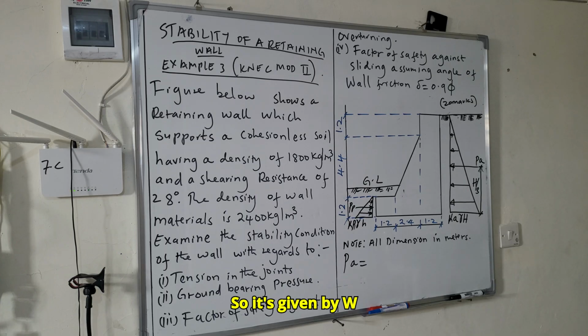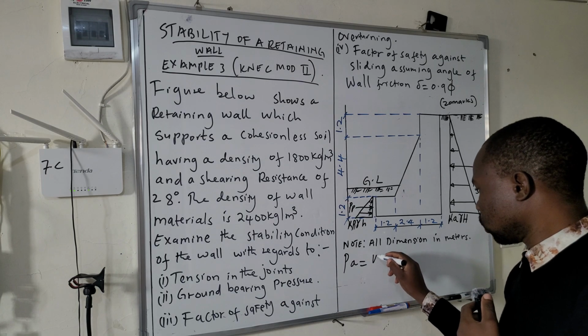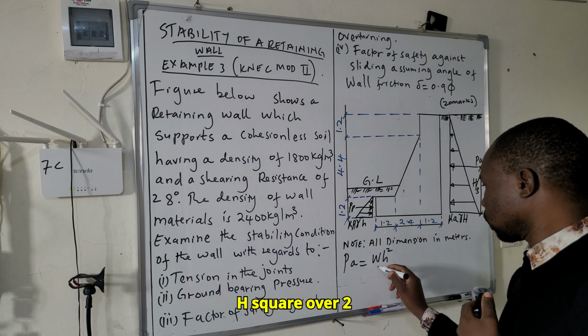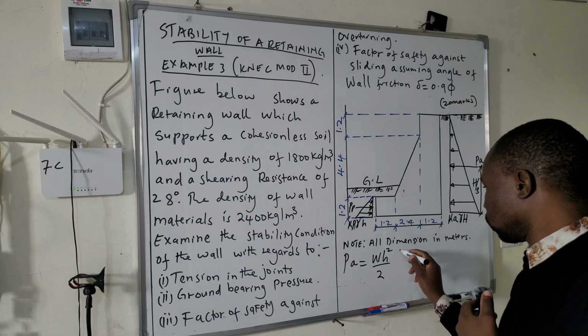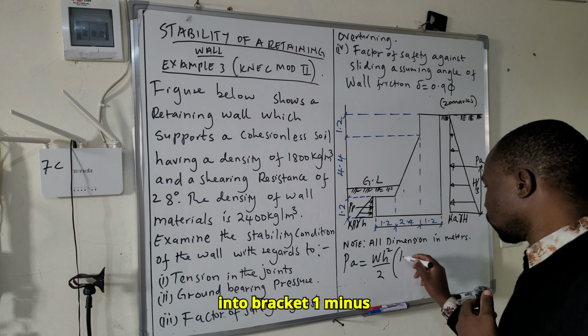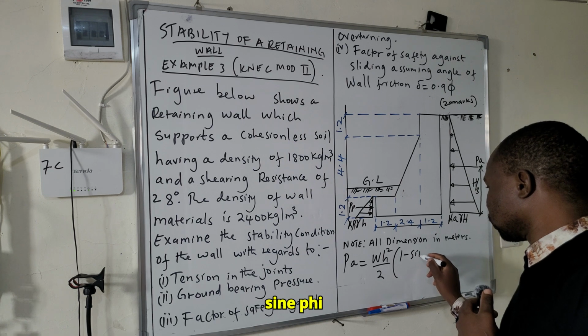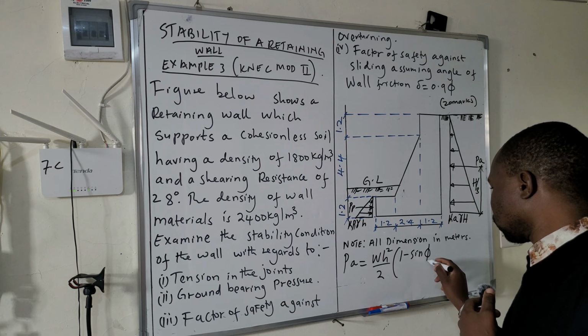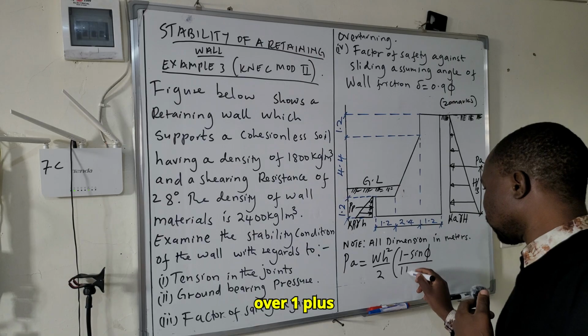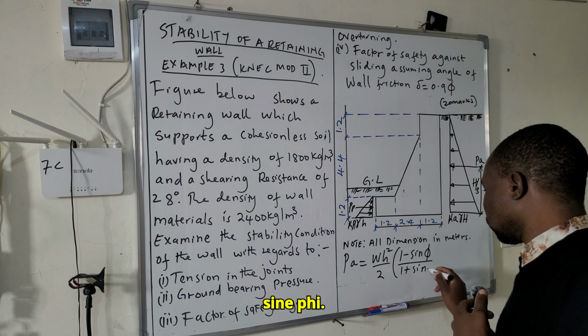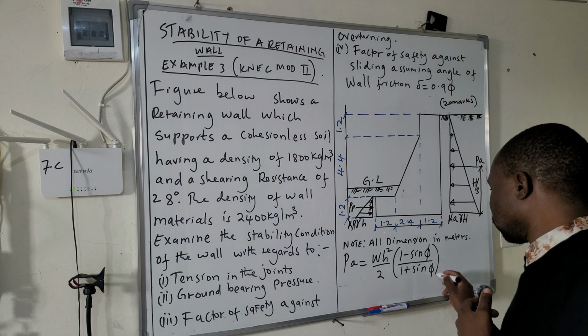It's given by W H square over 2 into bracket 1 minus sine phi over 1 plus sine phi.